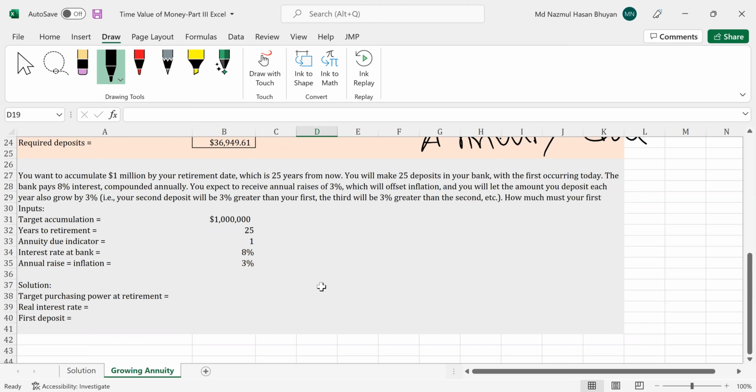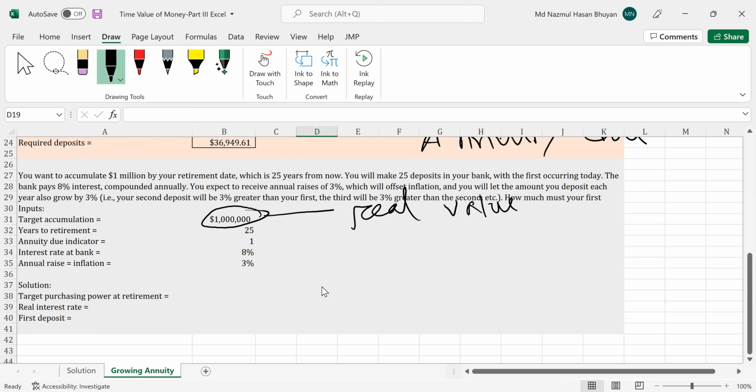Right. So here you can see this is the nominal amount you want to get 25 years from now. So here you are going to first calculate the real value of this amount. So real value means value adjusted for the inflation.